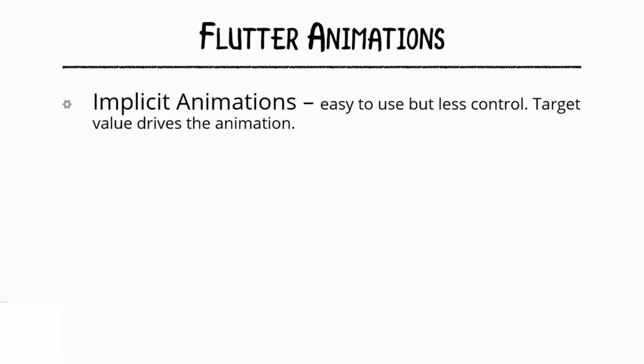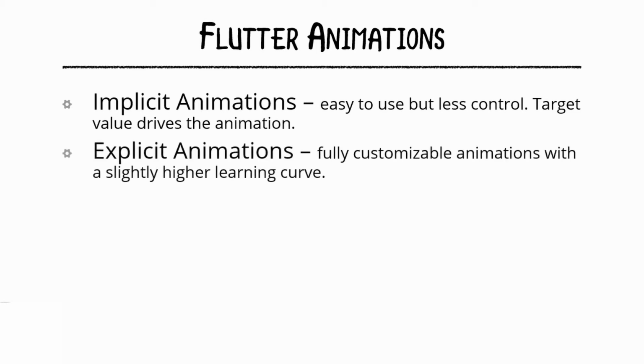You simply set a target value and the widget handles the animations for you. And explicit animations, which are created with widgets that give us full control of how we manage the animation. These types of animations can be further customized since we are handling everything explicitly. In this course, we'll cover implicit animations and explore practical examples and scenarios where they can be used.